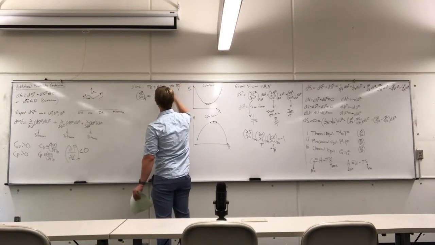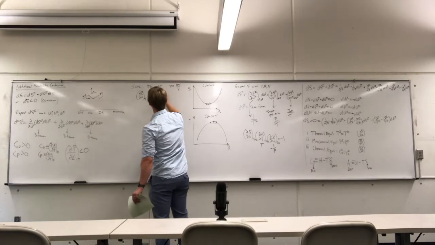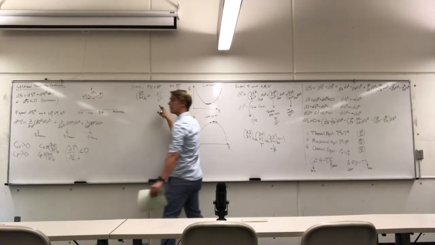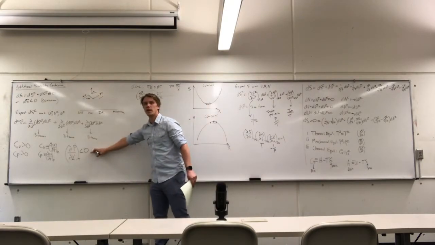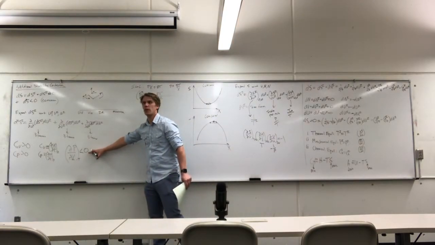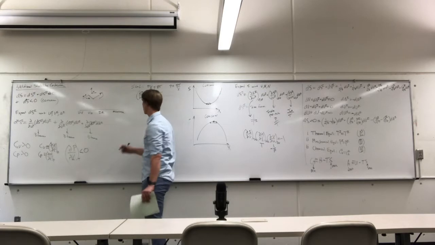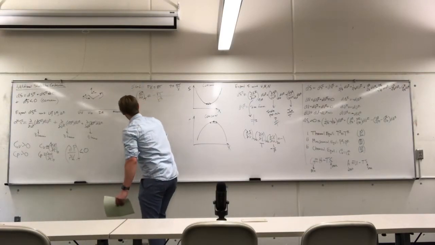Then we take the derivative, so it's minus RT over V squared. This is always going to be negative, which is good. The ideal gas law doesn't violate a fundamental stability criteria of entropy. We got lucky.